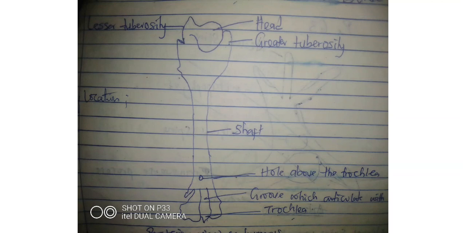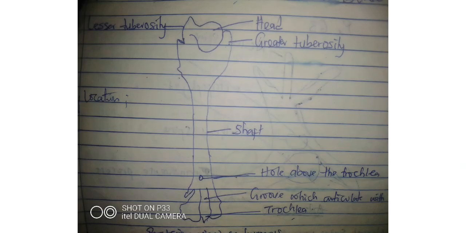The head is prominent and conspicuous. Now, the location of specimen H is in the forelimb or the upper arm of the rabbit.